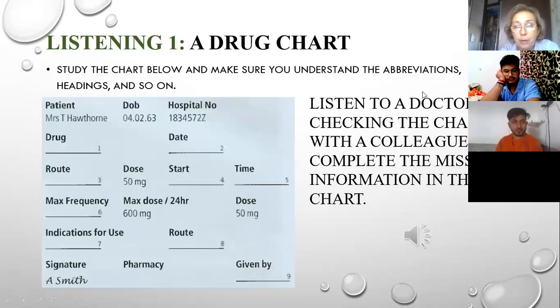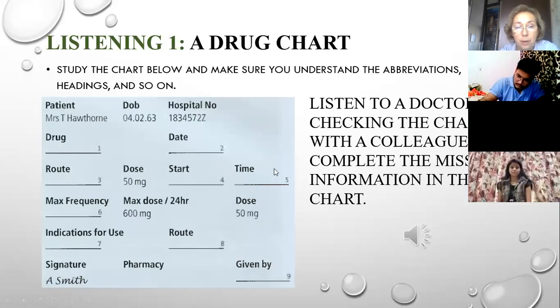Well, and here is an example of a drug chart which is used in a hospital in the wards. So let us have a look at the gaps which we can see in this drug chart.